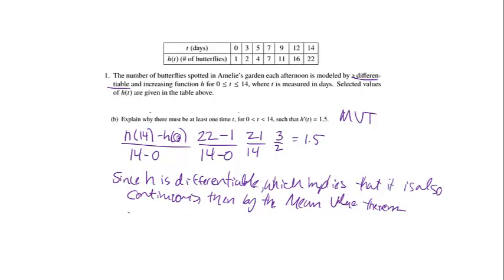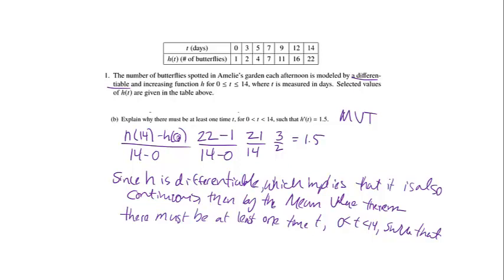Then by the mean value theorem, there must be at least one time t0 such that h prime of t equals 1.5.